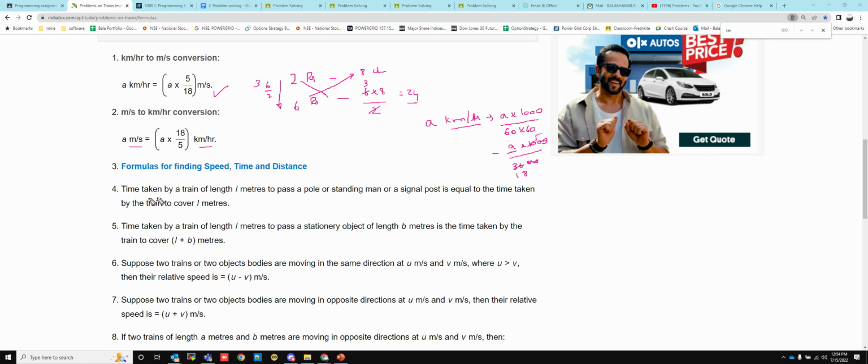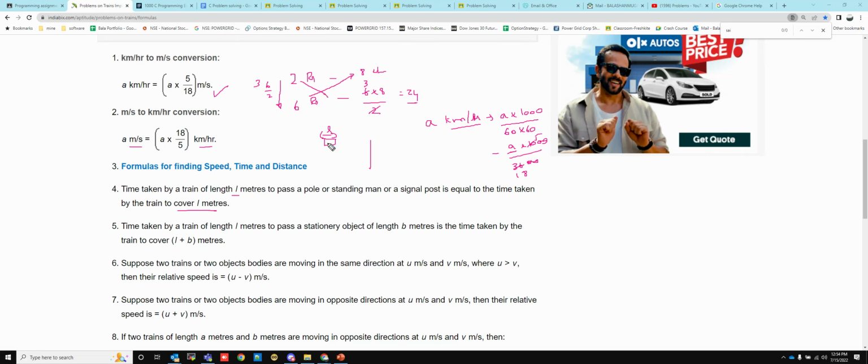The second is the time taken by a train of length L meters to pass a pole. So you have a pole, you have a train. This train's length is L meters. So the time taken by a train of L meters to pass a pole or a standing man or a signal post is equal to the time taken by the train to cover L meters.